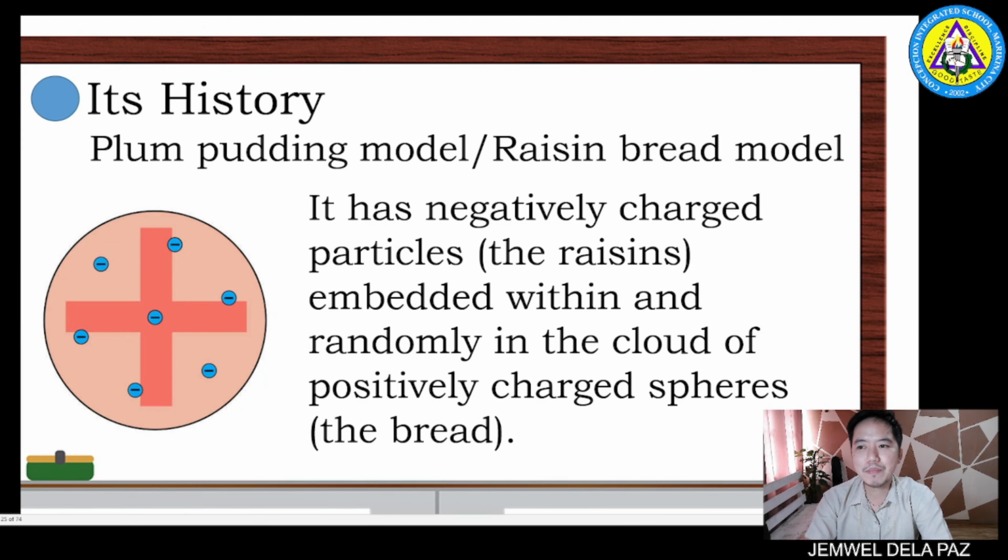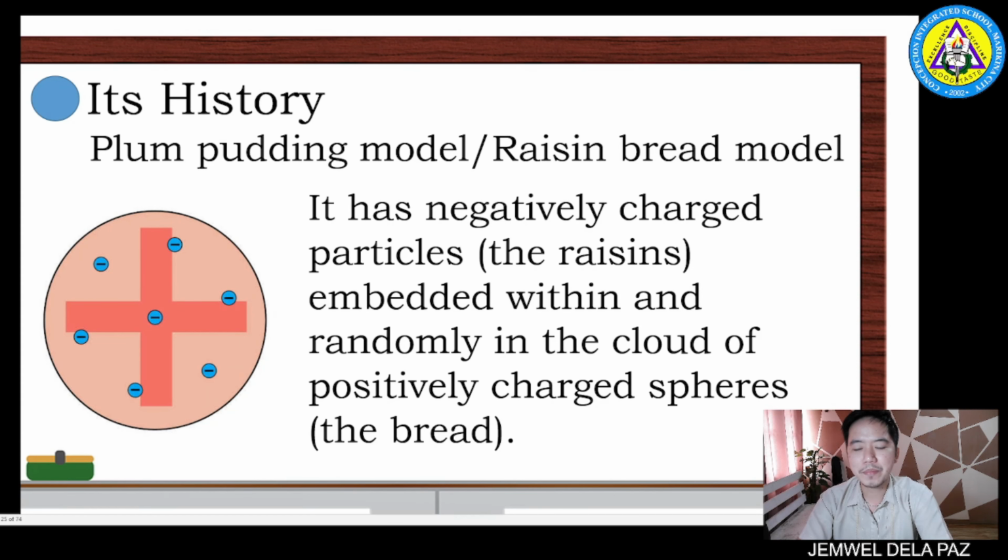So imagine a bread with raisins, with pasas. These pasas or raisins were randomly embedded by the baker. There is no specific arrangement of these raisins in the dough, which the proponent thought of as the positively charged spheres.